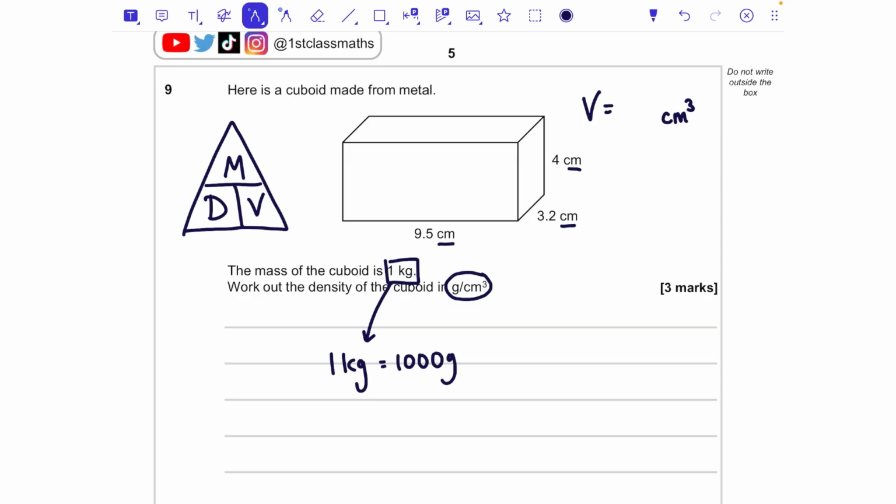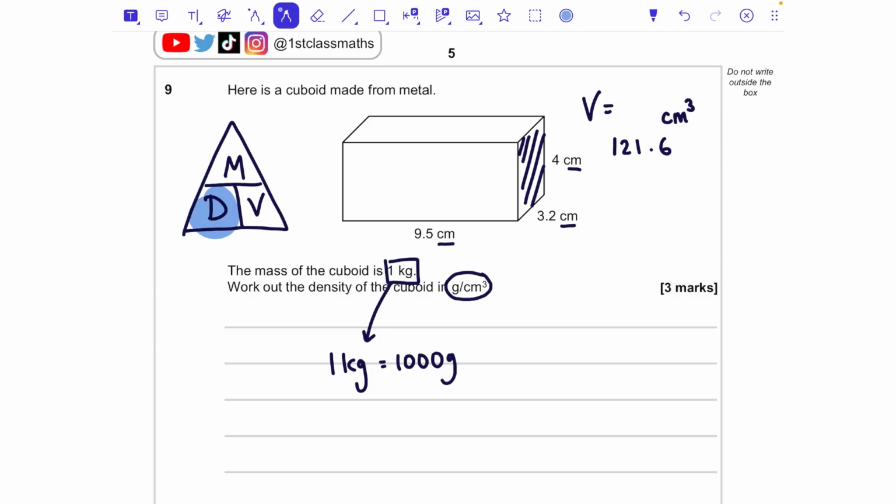The volume of a cuboid is found by doing the area of the cross-section multiplied by how far back it goes. In this case, we could just do 4 times 3.2 times 9.5 in any order. That's going to be fine. So I'm going to type that in my calculator. 4 times 3.2 times 9.5. And that's going to give you a volume of 121.6 centimetres cubed. Now work out the density.